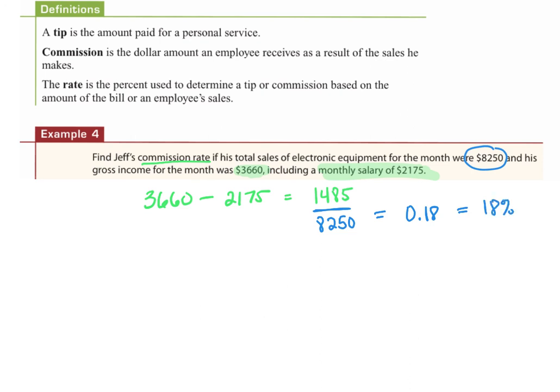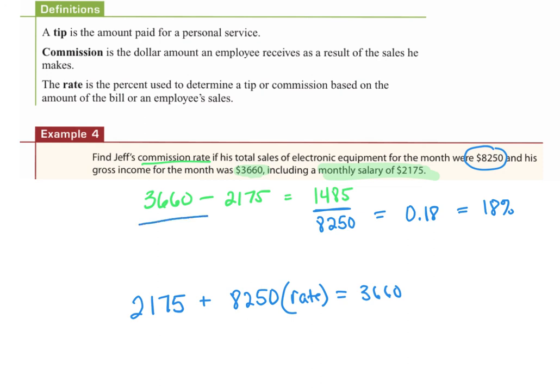I'll tell you what they did in the book so I can show you their equation. They took his monthly salary and added to it his sales times his commission rate. And that's how they got the 3660. The process is the same. We just didn't set it up that way.